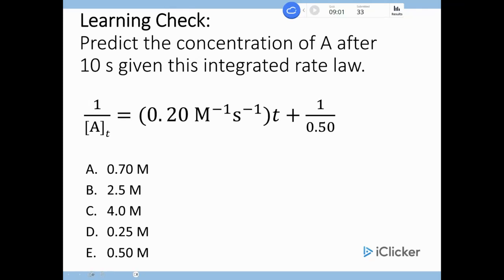So 1 over A at time t, that's what we're calculating, is equal to rate constant 0.20 per molar per second times time. They told us that's 10 seconds, plus 1 over the initial concentration, which they provided as 0.5.